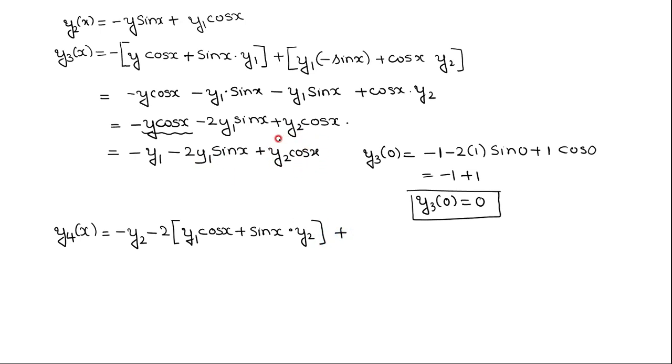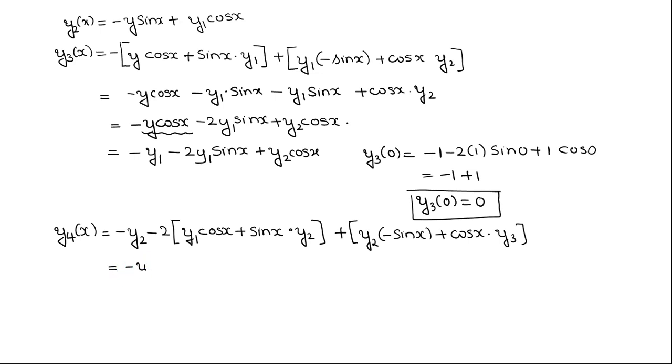Similarly, differentiate y2 cos x by the product rule. It is y2 as it is, the derivative of cos x is minus sin x, plus cos of x as it is into derivative of y2 which is y3. Simplify.